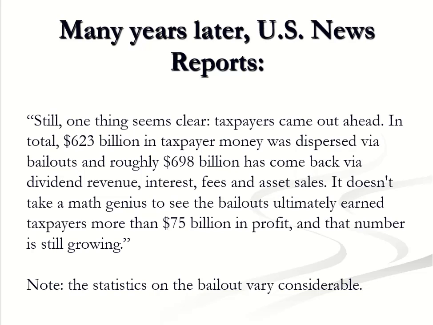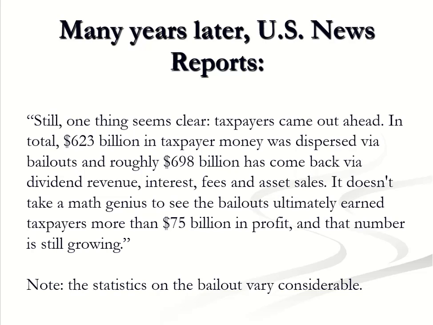Now, fast forward a few years, U.S. News reports, and many other organizations reported numbers like these, but the numbers are all over the map. It says, still, one thing that seems clear is that taxpayers came out ahead. Interesting. In total, $623 billion in taxpayer money was dispersed via bailouts, and roughly $698 billion has come back via dividend revenue, interest fees, and asset sales.